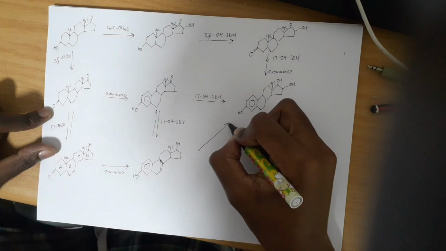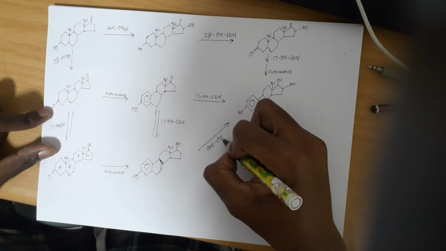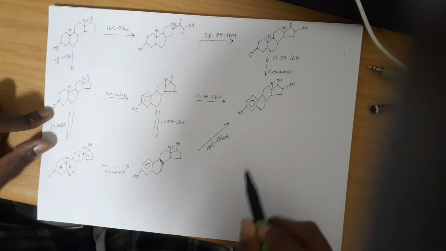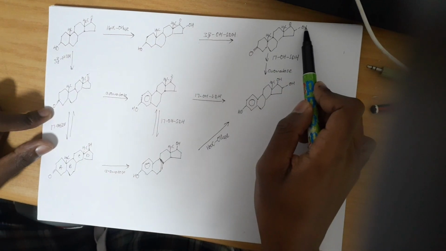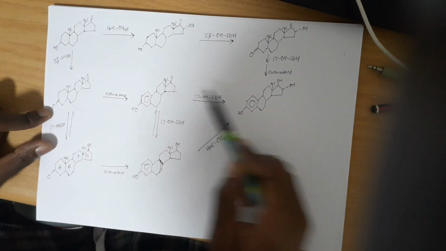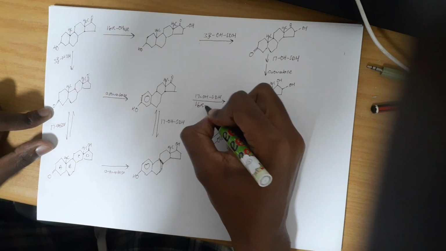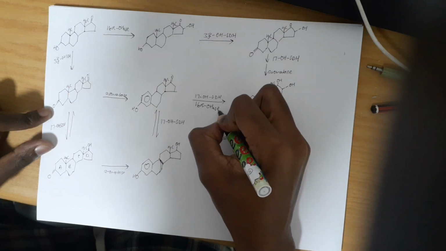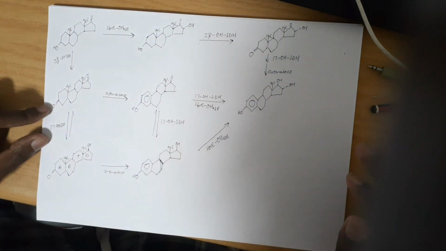So it means that 16 alpha-OHase was involved, right? Cool. We look elsewhere. From here, there was an OH and there was an OH, so it wasn't involved. OH to OH, it wasn't involved. Here, there was no OH, but it is here now. So it means that 16 alpha-OHase was involved, right? And now we're getting to the very last step.